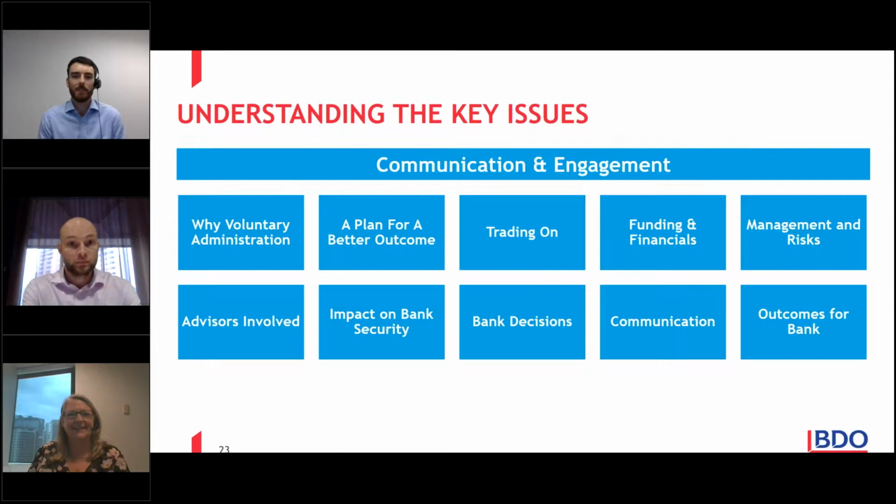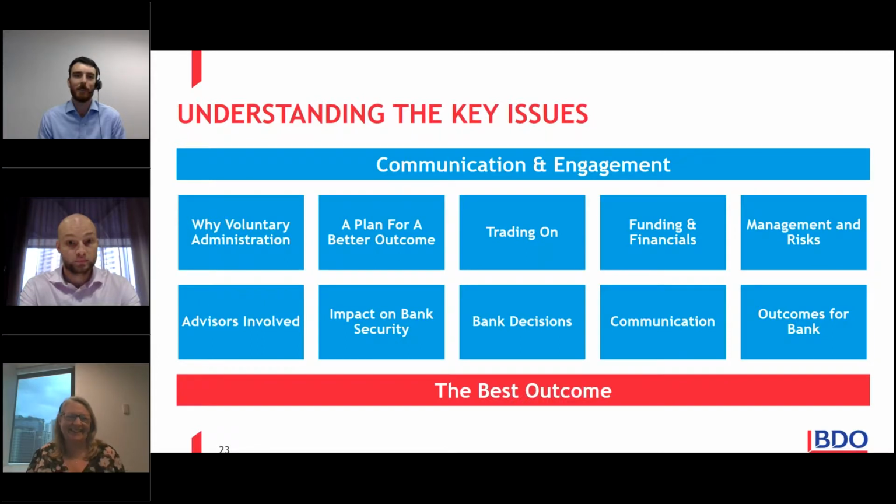The key thing is communication and engagement the whole way through. You've got to get that commitment from the administrator. And with all that, if there's one more click, hopefully you achieve the better outcome. Always remember that the questions we've posed throughout these topics are a starting point. Further questions will flow, but continued engagement and communication is the key.